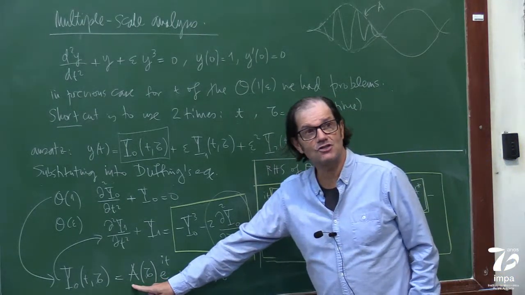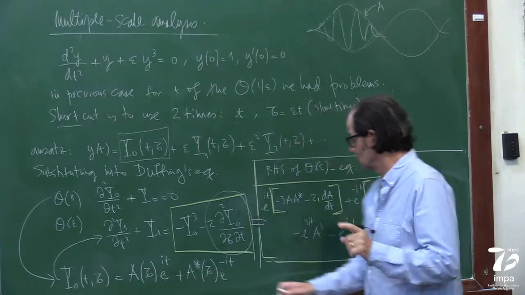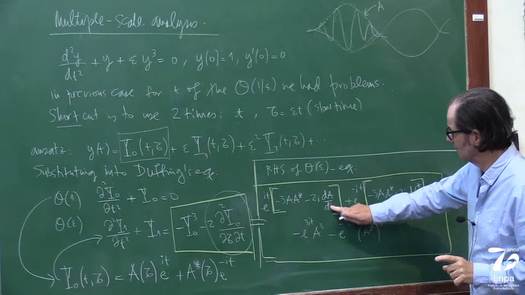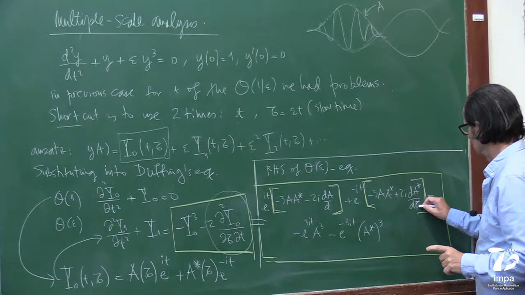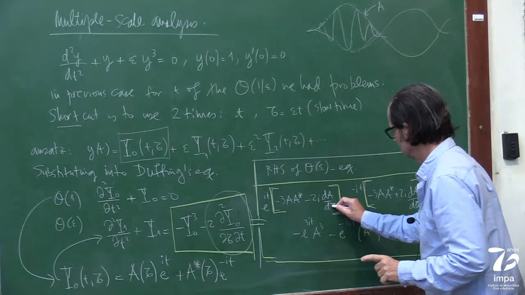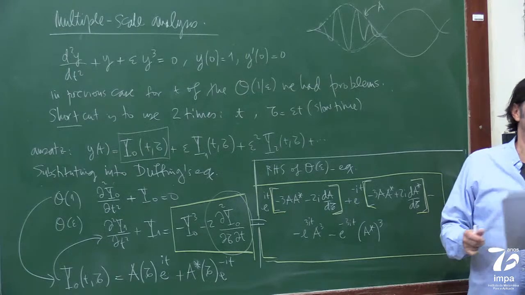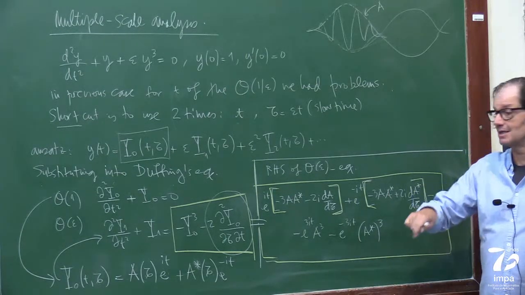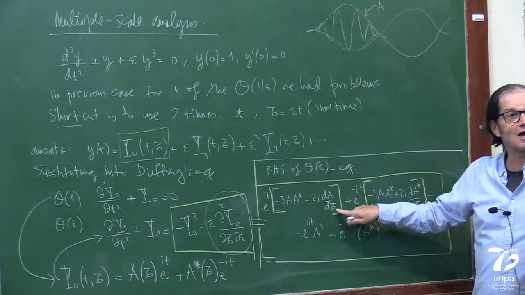A is a function of only one variable, the slow variable. So where's my mistake? Here. And here. It's a typo. Doesn't matter. It's good, these mistakes, to some extent, because it forces me to highlight that now I have this ODE to be solved in slow time.